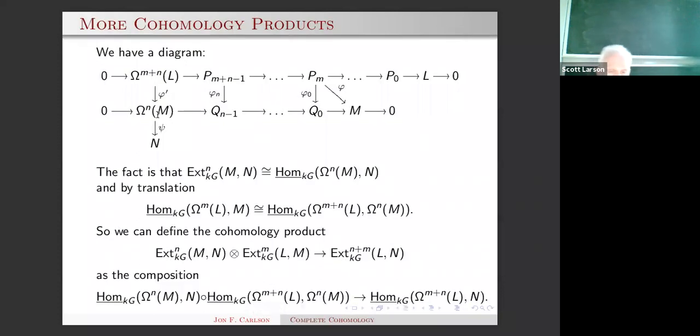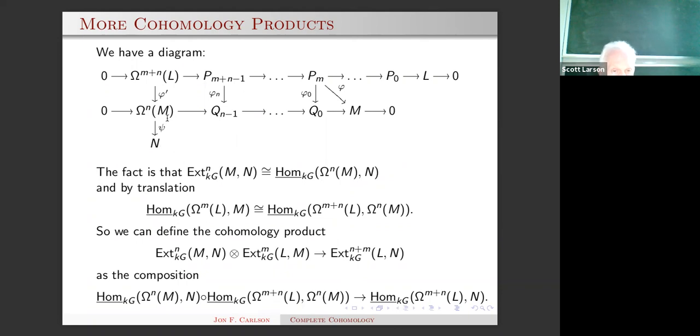Okay. And so the fact is that we can actually write xn of mn as really the Hom from omega n of M into N. In other words, this map will actually represent that cohomology class quite well in the stable category again.